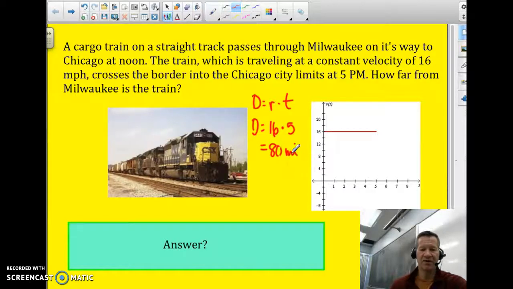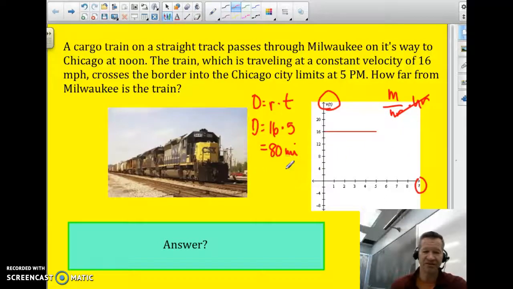Okay, now what does that have to do with integration and Riemann sums? Well, if you look at a graph of a function, in this case it's a constant function. The velocity of the train was constant at 16 miles per hour. That graph would be a horizontal line. On this axis we have time in hours. When I multiply miles per hour times hours, the hours cancel, leaving me with miles.